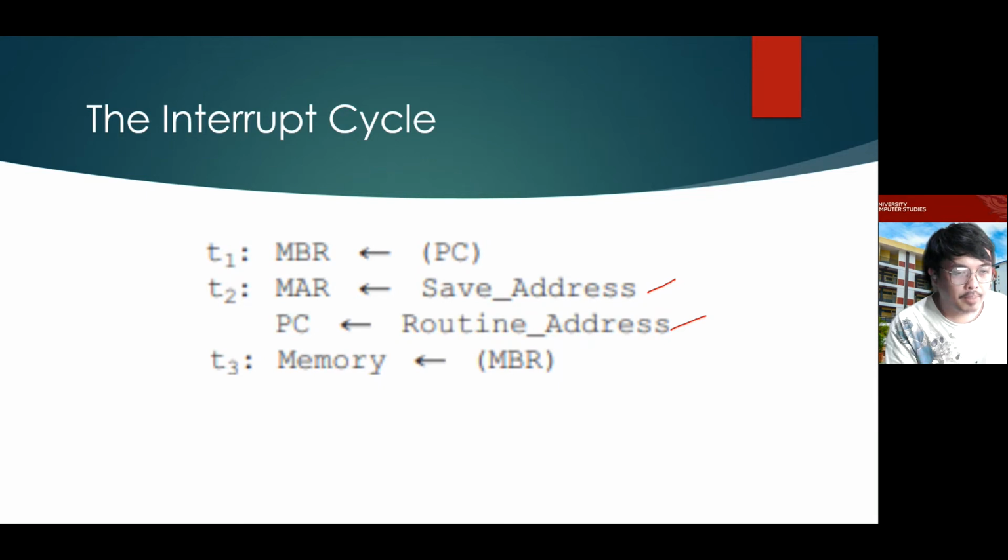However, because most processors provide multiple types or levels of interruption, it may take one or more additional micro operations to obtain the save address and the routine address before they may be transferred to the MAR and to the PC.